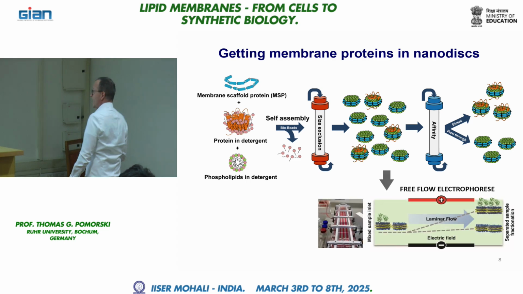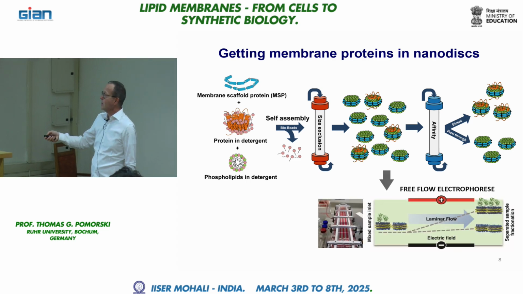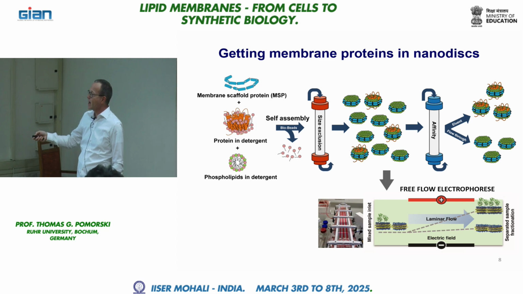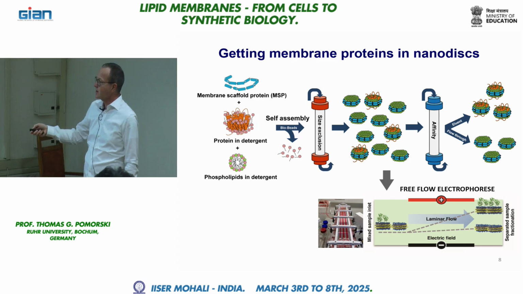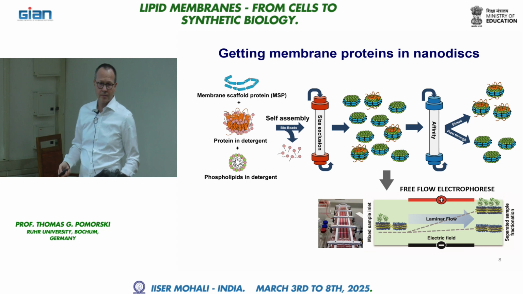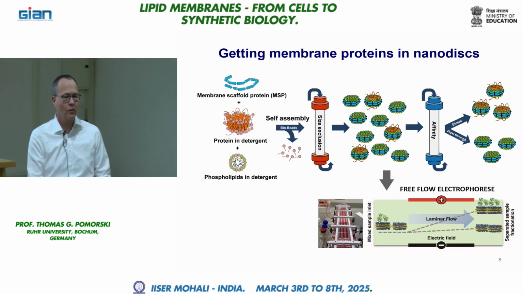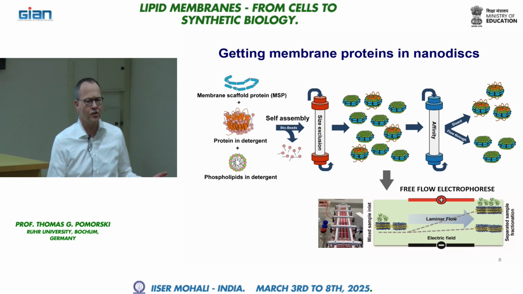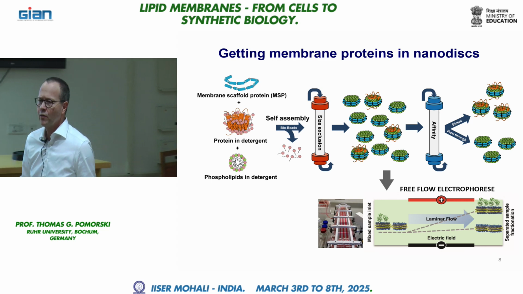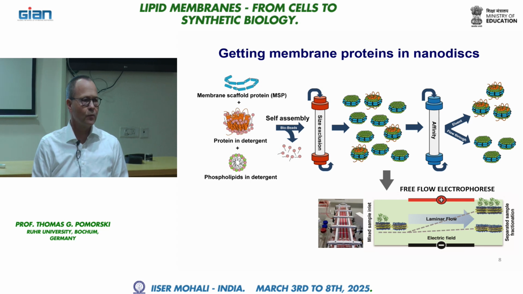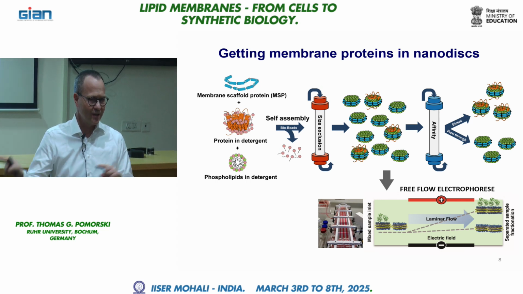Okay, another technique would be free flow electrophoresis. What we do there, we take advantage of the charges. So if you, for instance, take these particles and you add charged lipids to them, what would happen? What are these charged lipids that you can use from nature? PS. What would be the charge of phosphatidylserine?